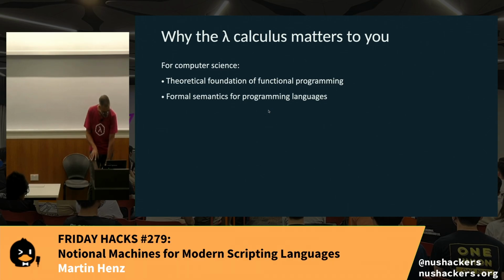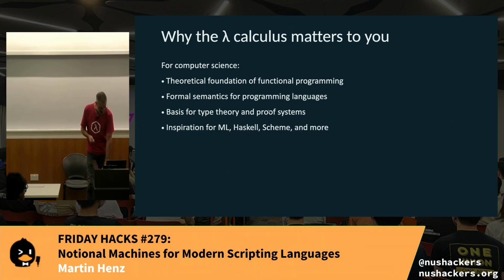And that means the lambda calculus was then used as a formal semantics for computation for programming languages. It's also the basis for type theory and proof systems, and the inspiration for a family of programming languages called the functional programming languages. ML, or standard ML, Haskell, Scheme, and many other languages you may be familiar with.